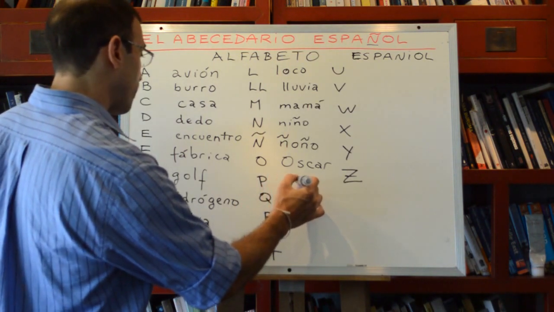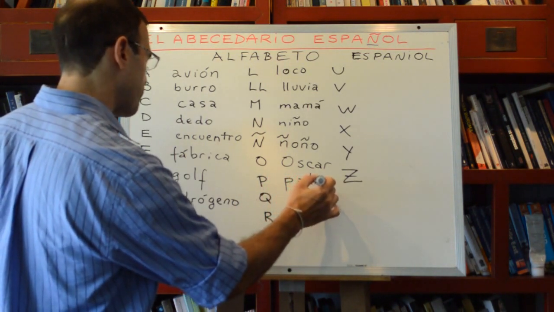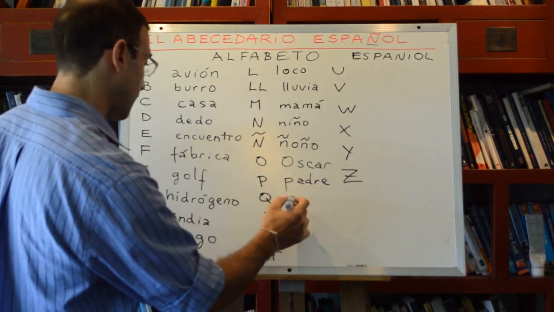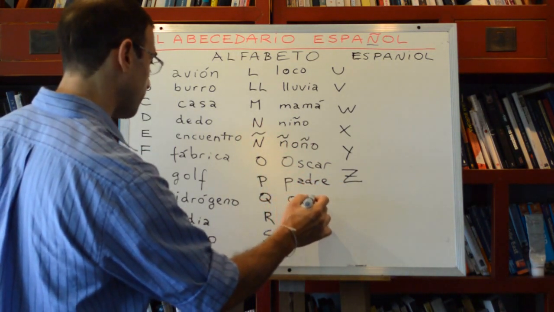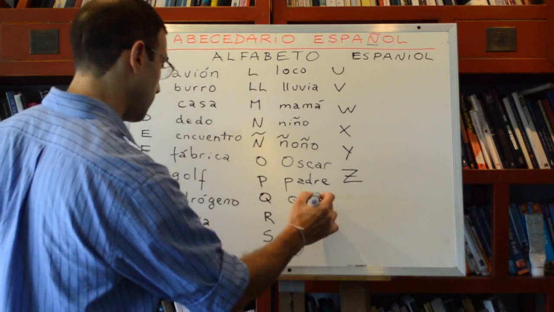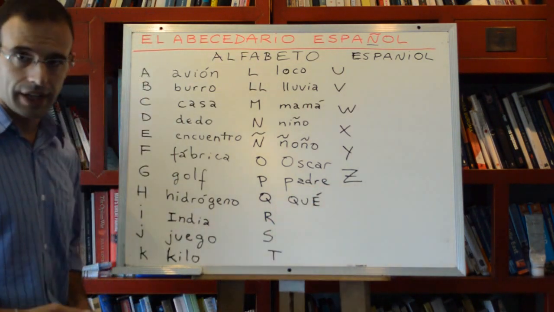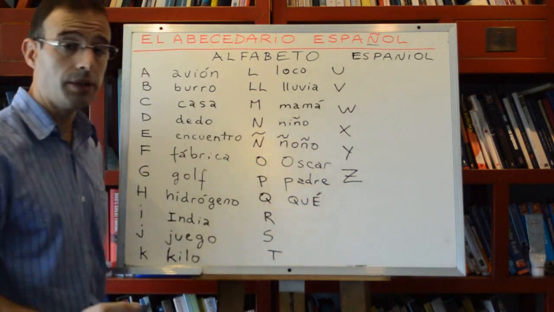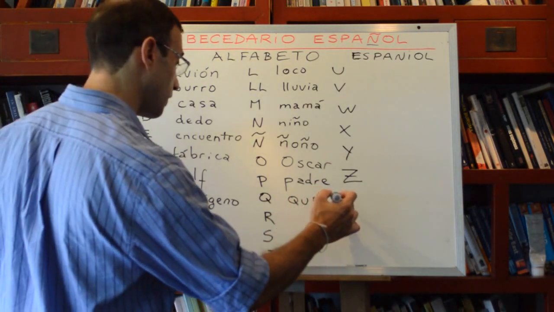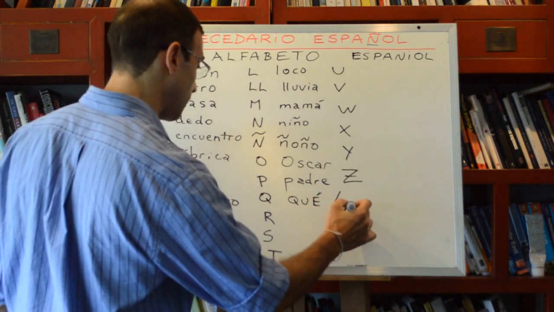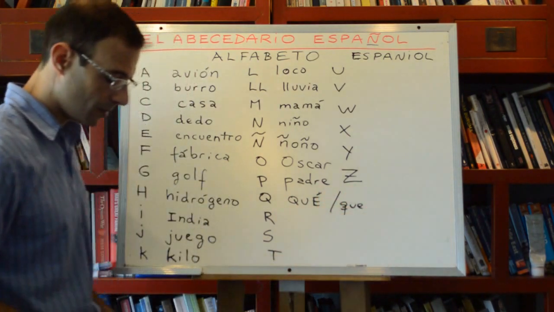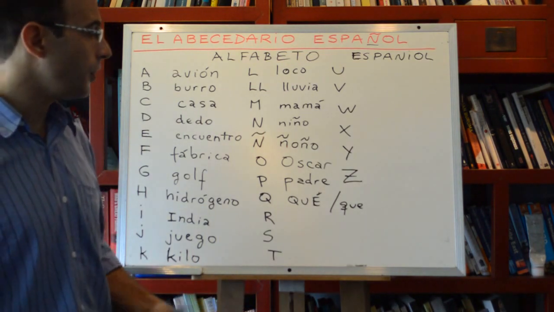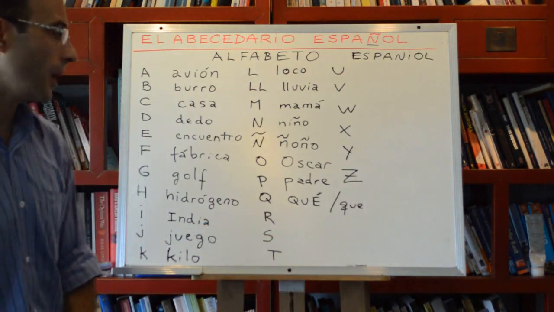With P, we have padre, for father. Qué, for what? There are two words que in Spanish. With the accent, it means what. Without the accent, it means that, right? I said that blah blah blah. Yo dije que blah blah blah. Okay?